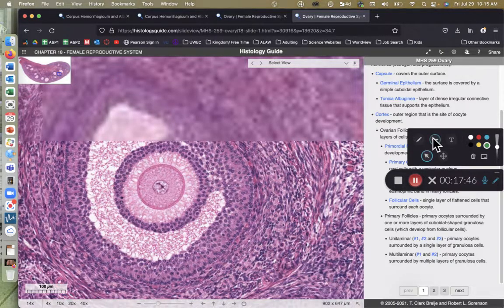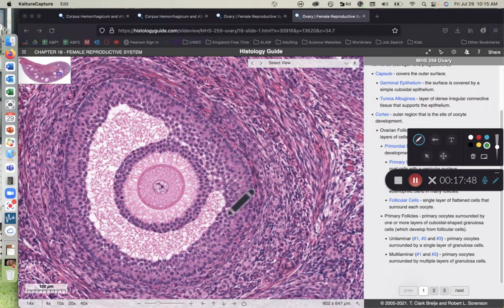So we're still going to have those granulosa cells as the stratified cuboidal cells wrapping around the outer perimeter. But then we also are going to have some cells that are more squamous in appearance, more of a stratified squamous epithelium. Those are referred to as the theca cells.